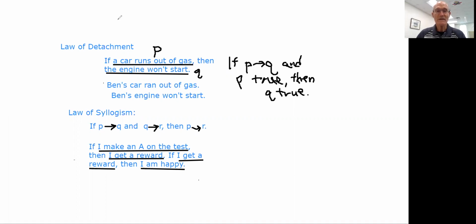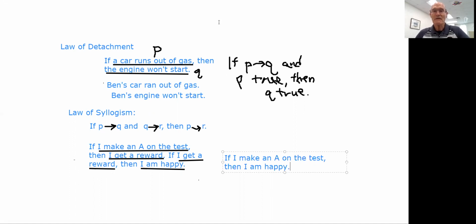And then I can make a valid conclusion here and say, if I make an A on the test, then I am happy. Okay, so like it says with transitive property, I can go all the way from the hypothesis of the first statement to the conclusion of the second statement, because the middle two comments are the same, I get a reward.